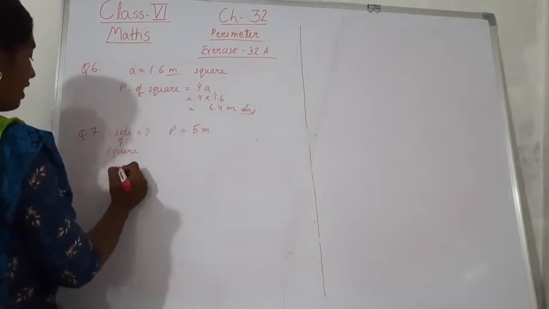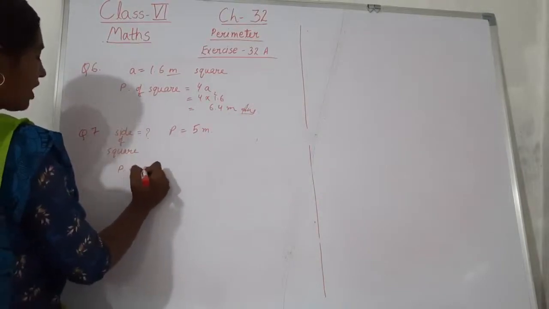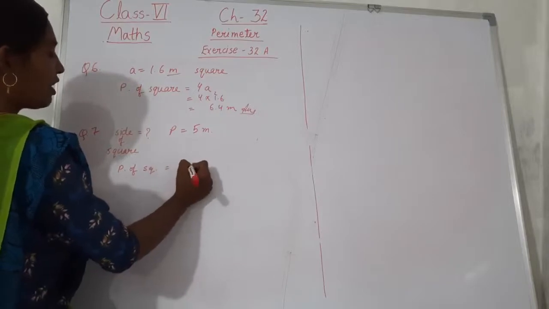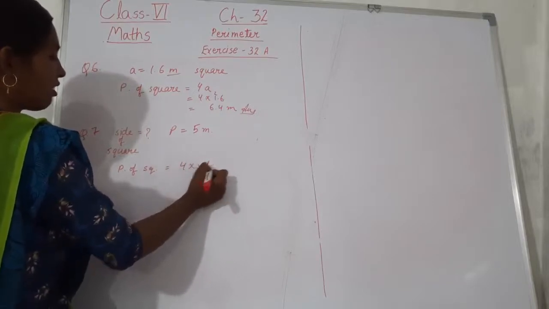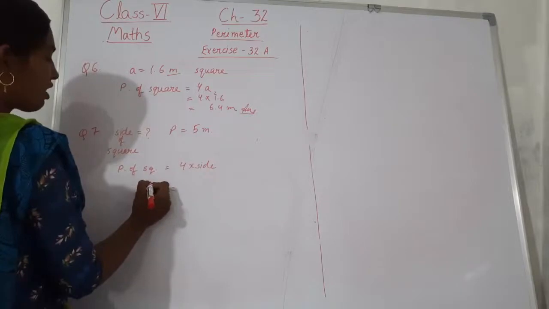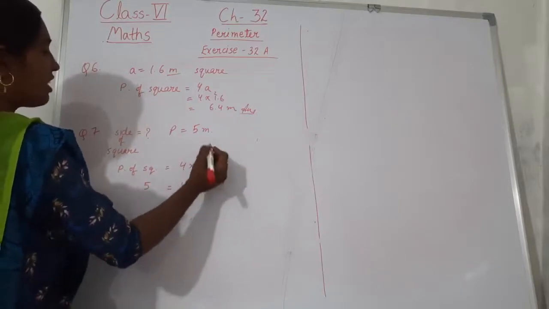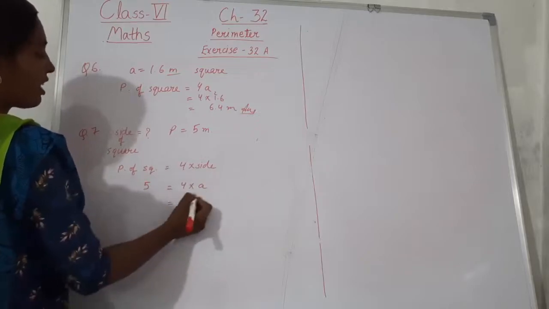Okay, so the perimeter of a square formula we know is 4 into side. Perimeter is given to us as 5, and here 4 into side, suppose side is A. This A we have to find.